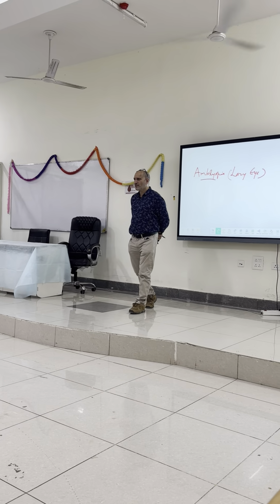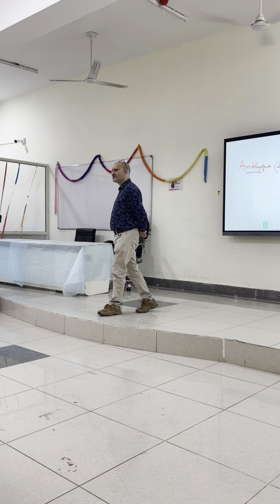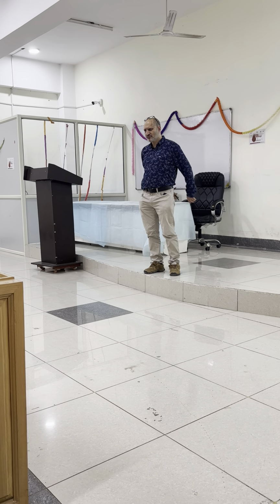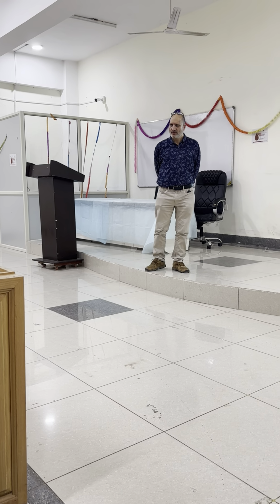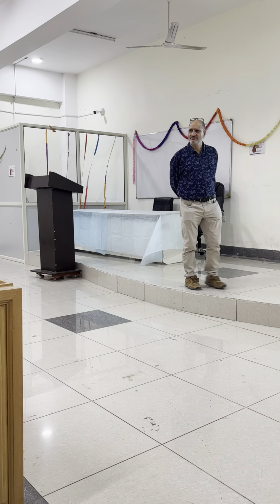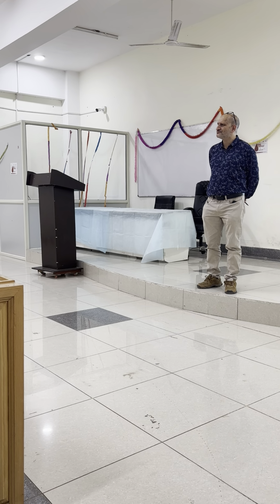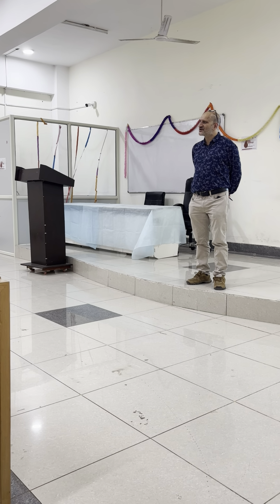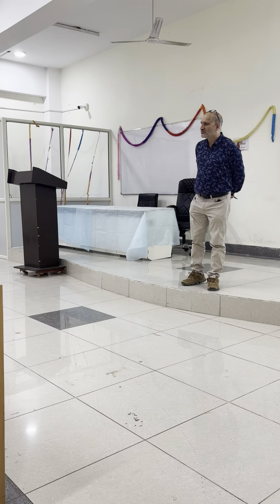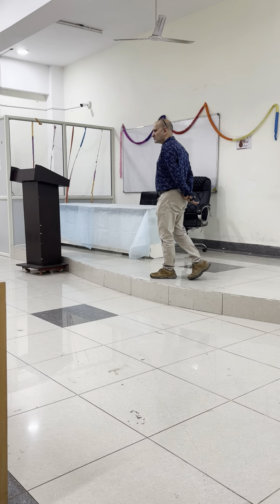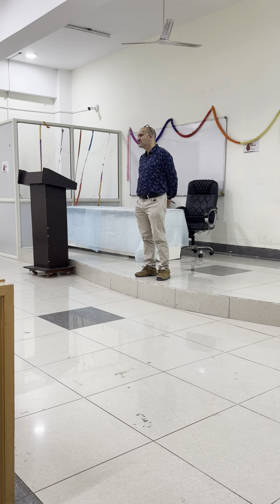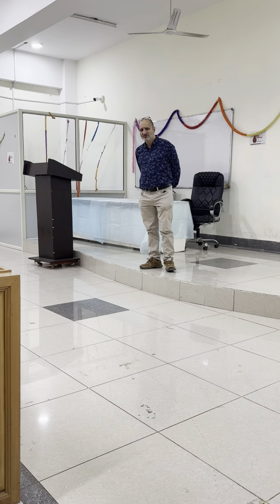What is the cause of this amblyopia? The eye is normal, the brain is normal, yet vision is decreasing. It has different types. The most important type is due to refractive errors.